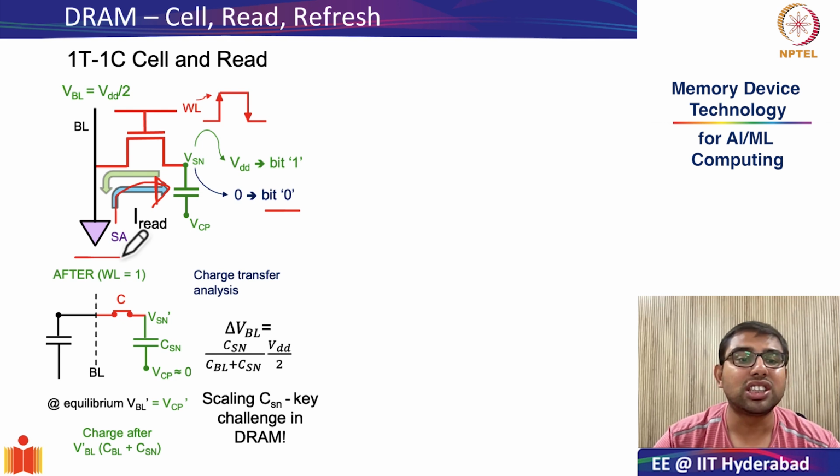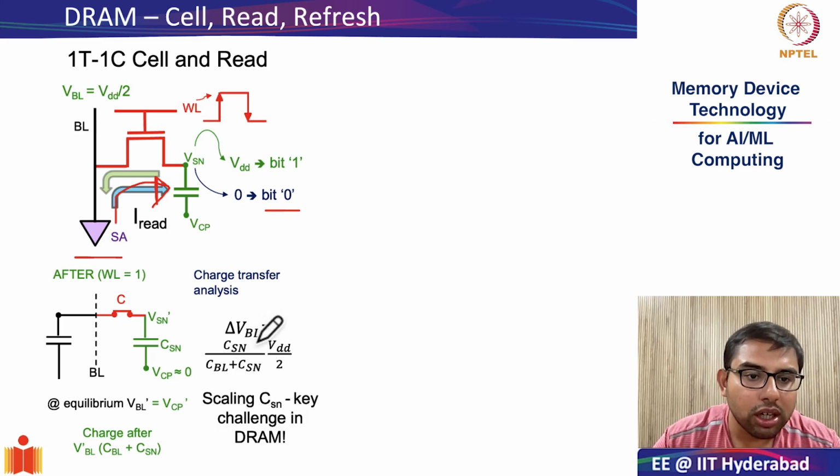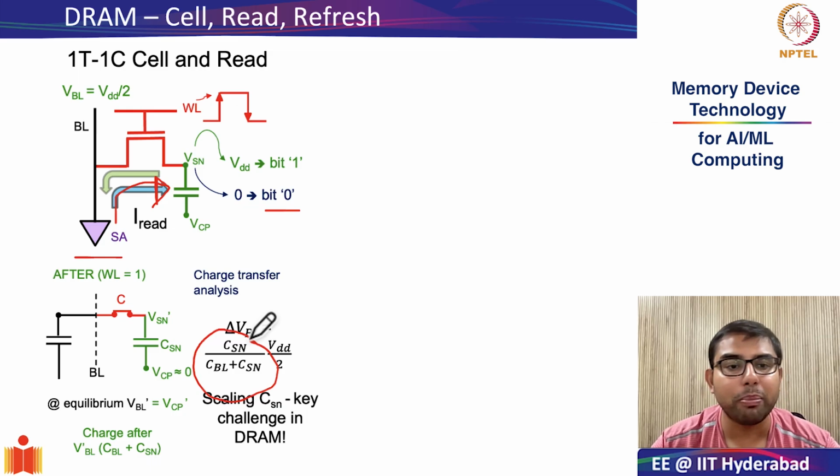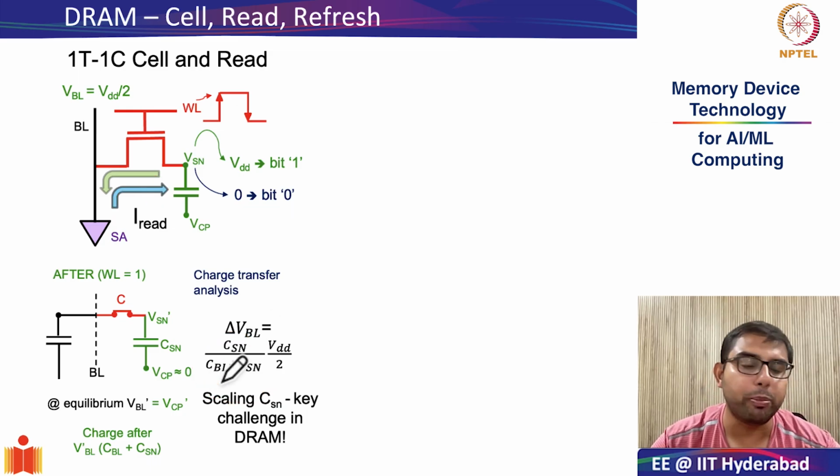Also, through our charge transfer analysis, we came to the conclusion that the charge transfer ratio, which is the ratio between CSN divided by total capacitance, which is CSN, the storage node capacitance, and the bit line capacitance, is a very, very important parameter, because the change that you see in your sense amplifier is directly proportional to this ratio.